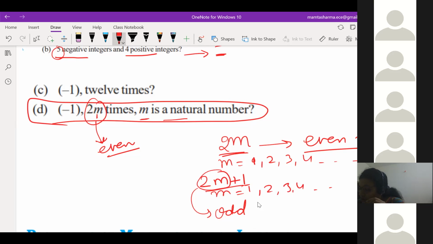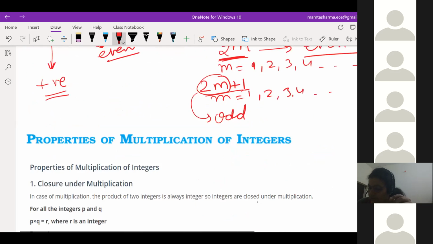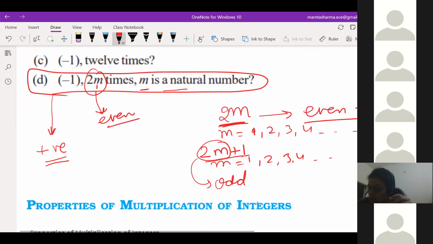So remember, 2m will be an even number and 2m plus 1 will be an odd number. Now see, minus 1 we are multiplying even times. Will it give minus sign or plus sign? It will give plus. Even times, it will obviously give a plus sign in the result, and for an odd number of times, it will give minus.